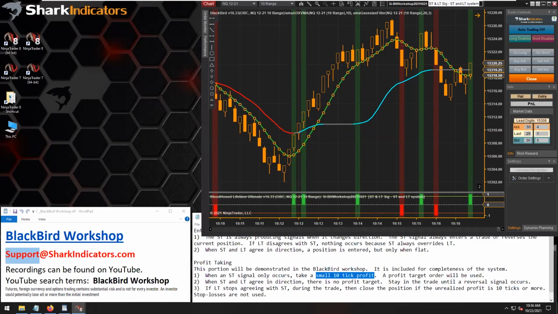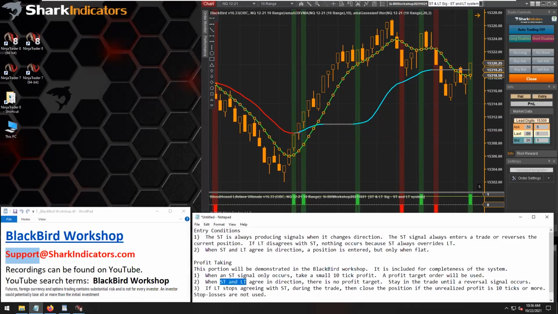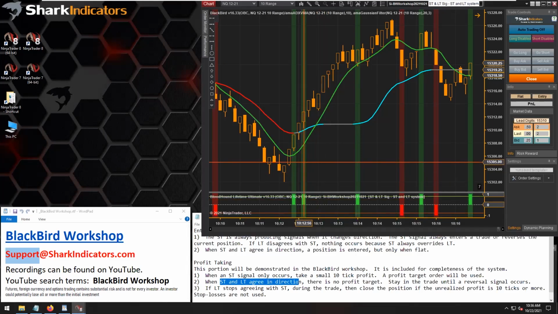But when the short-term and the long-term indicator agree in direction, which is what the second long signal is here, then we get rid of the 10-tick profit target and just go along for the ride.